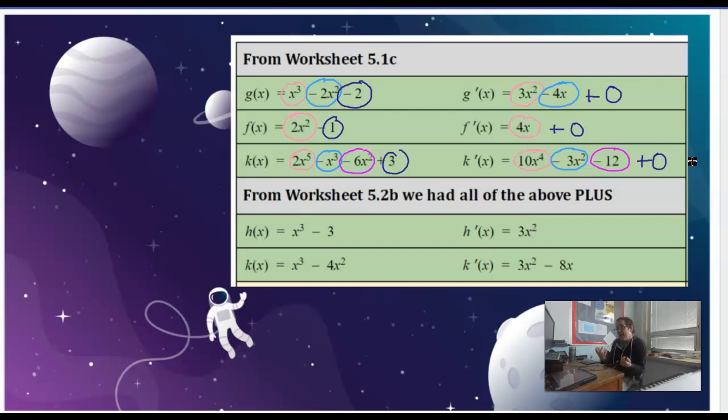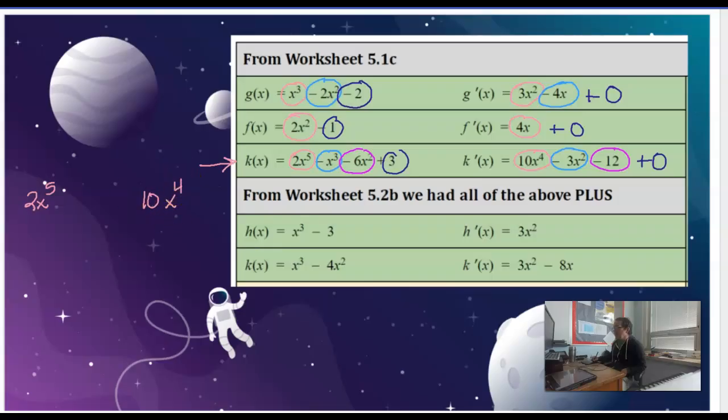So now that you've thought about it, and you've had a chance to see it, what's basically happening is for all cases, we're taking the exponent and multiplying it by the coefficient to get the new coefficient, and then we're decreasing the exponent by 1. For example, let's start with this k. It's easiest to see it with this k. I had a 2x to the 5th, and I'm saying that corresponds to the 10x to the 4th.